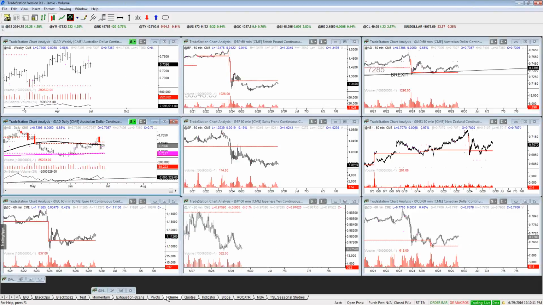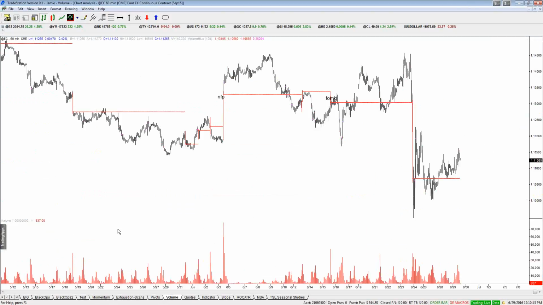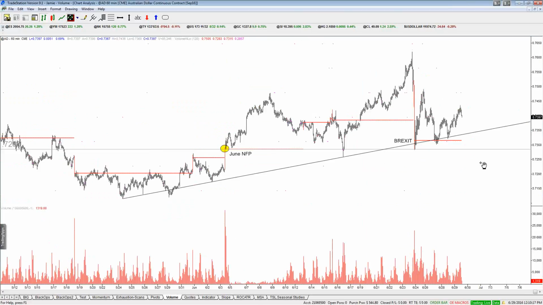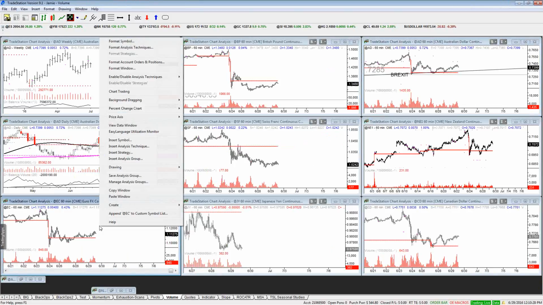I talked about the high volume levels in Aussie yesterday. This was a chart that I showed you yesterday, in last night's update. June NFP, high volume level, support, support, support, support, Brexit, support, support. So you get that.